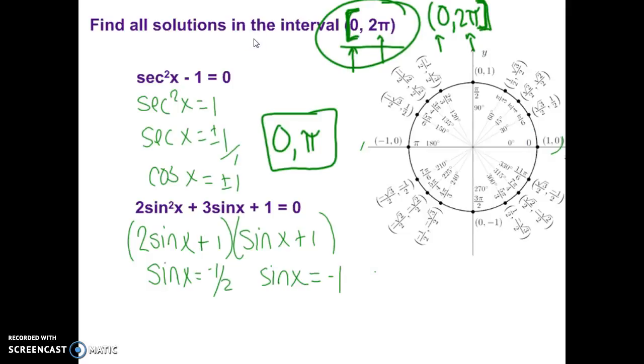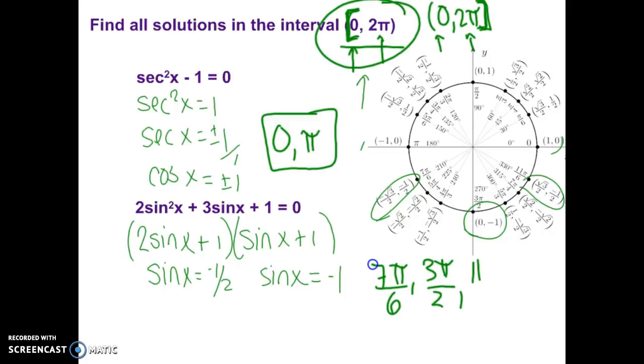Sine is negative 1 here, and sine is negative 1/2 here and here. I do not want all answers. I only want the ones on that interval. So I'm simply going to state the answers. 7 pi over 6, 3 pi over 2, and 11 pi over 6. And those are my answers.